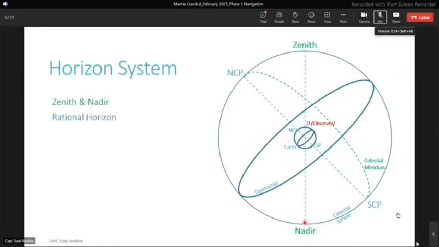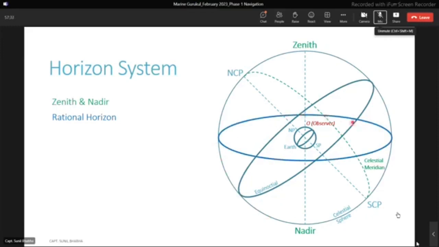Now we are going to draw what we call the rational horizon. Rational horizon is a great circle on the celestial sphere, exactly midway between the zenith and the nadir. So let's mark it in the diagram.